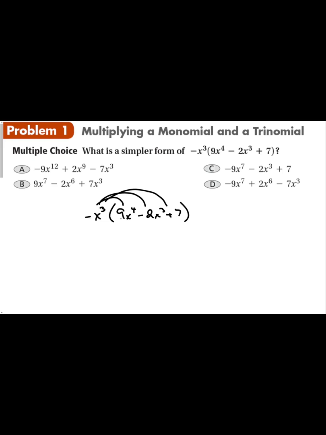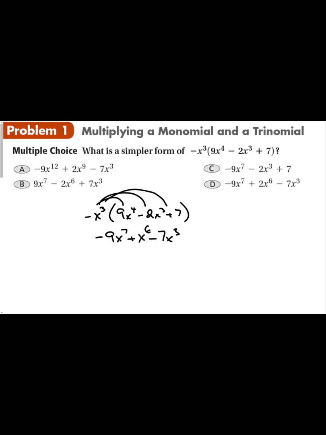Numbers first, negative 1 times a positive 9 is a negative 9. X to the third times x to the fourth, remember add the exponents together to give me x to the 7th. Then negative times a negative turns to a positive x to the 6th. Negative times a positive gives me a minus 7x to the third.